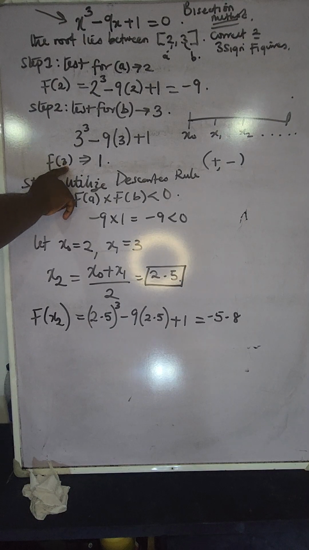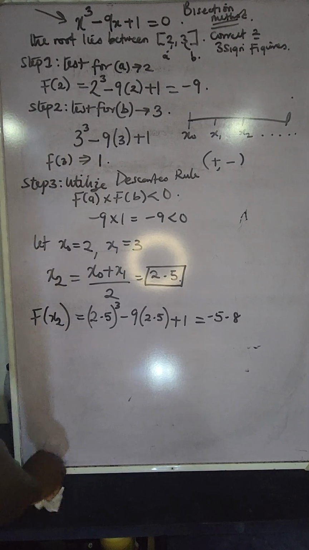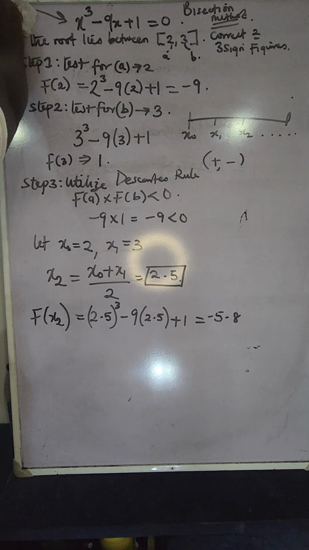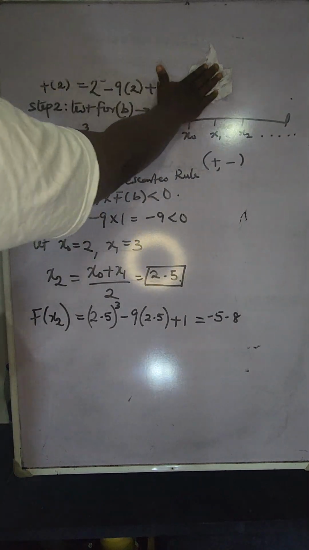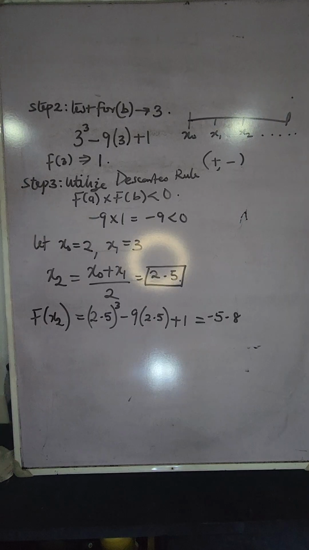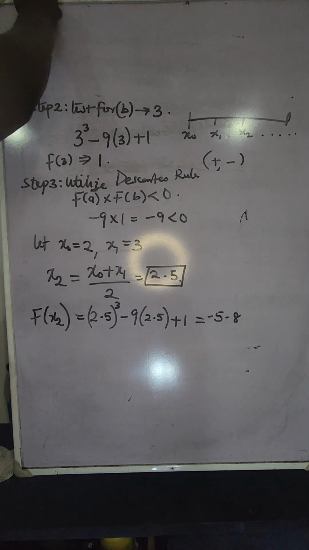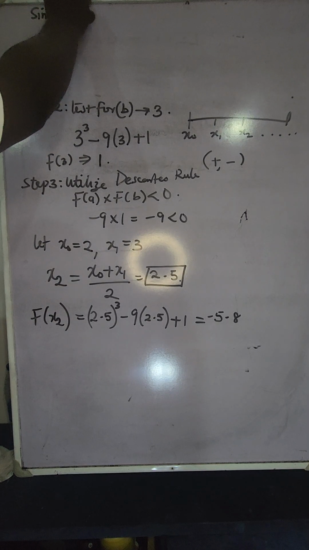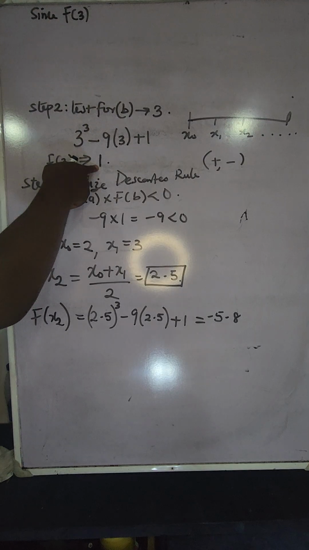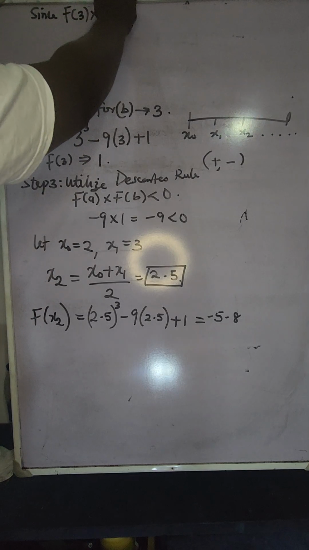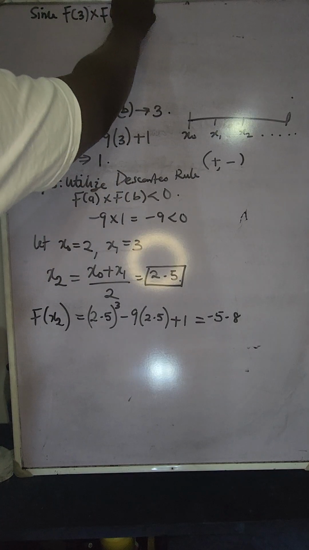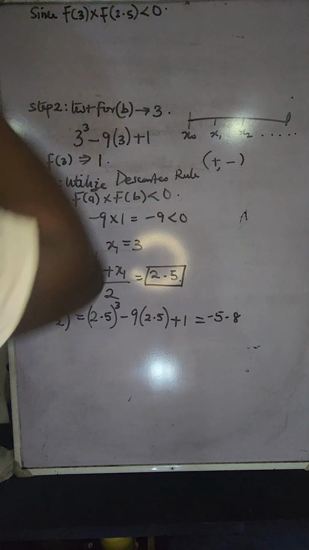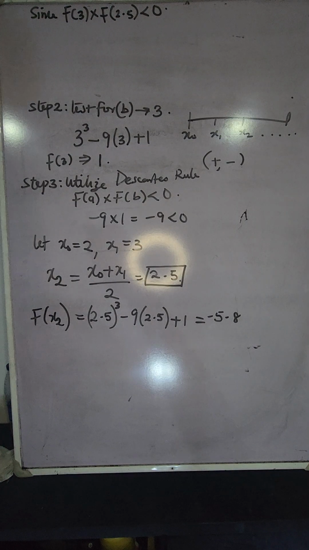F of 3 was 1. So we said, since f of 3, which was 1, when multiplied by f of 2.5 is less than 0, then we now say that what?